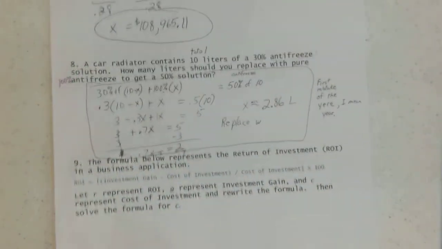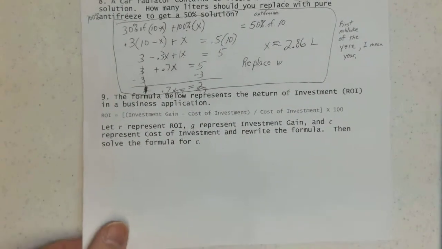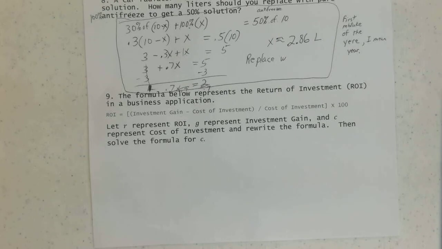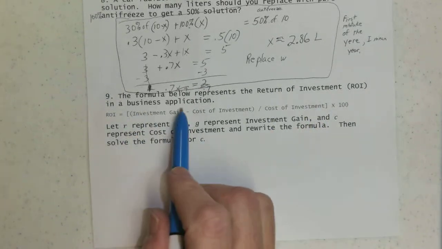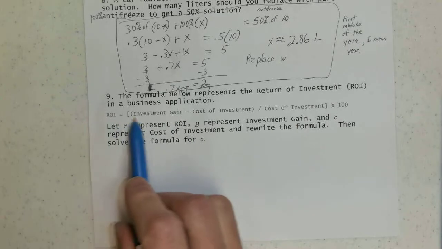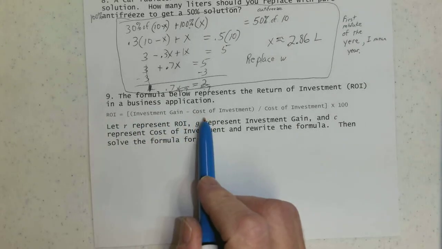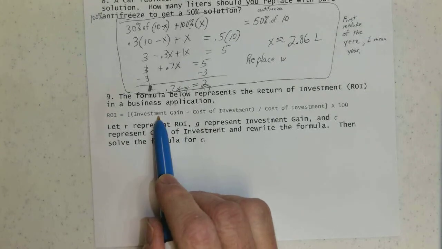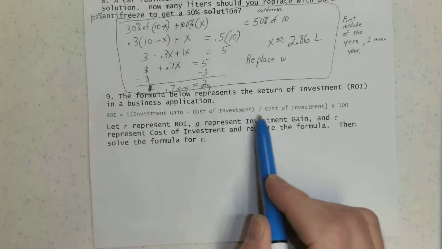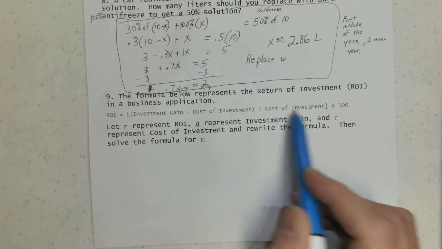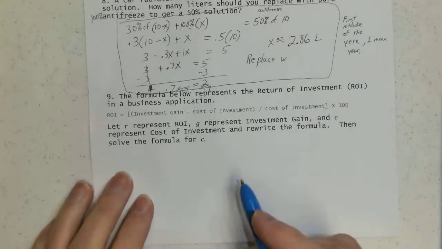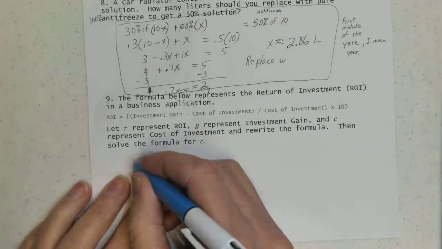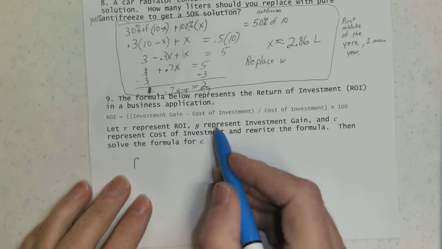Let's look at number 9 here. The formula below represents the return of investment in a business application. The return on investment equals the investment gain minus the cost of the investment, divided by the cost of the investment, times 100. So let's let R equal the return on investment.